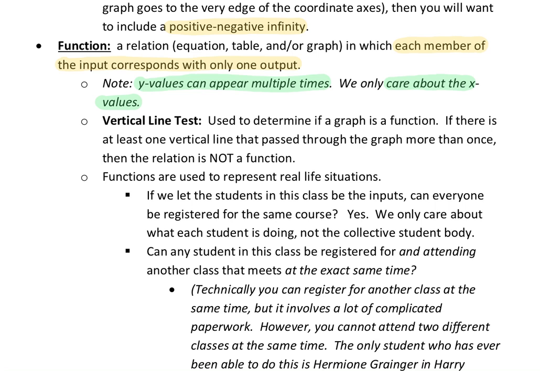I'm going to go with the second one, and so the second one says if there is at least one vertical line that passes through the graph more than once, it is not a function. The other definition is every vertical line must pass through the graph at most once. And I don't know about you, but I don't want to test every vertical line. I would rather just try to find one.